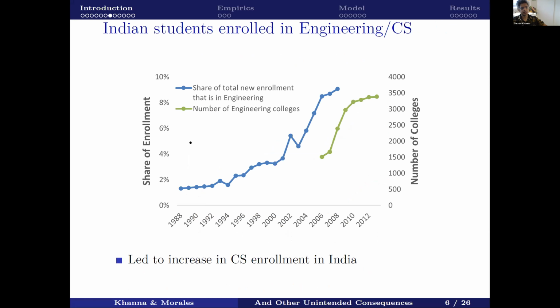As a result, a lot of Indian students enrolled in computer science degrees offered by engineering colleges, and there was a big increase in enrollment. Then there was an expansion: more and more engineering colleges were built to meet this demand for computer science degrees.